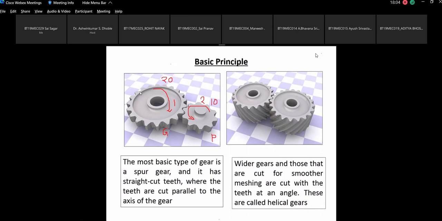TG by TP. Suppose both the gears have the same teeth. Let us say this is 20 and this is 20. Now if I make this the driving gear and this the driven gear, what is the gear ratio then?